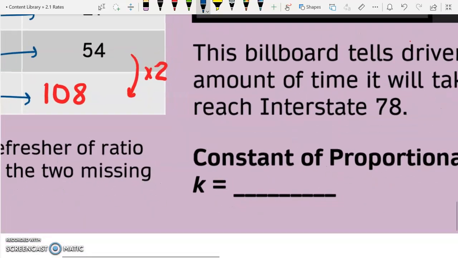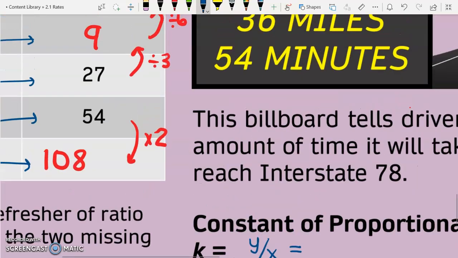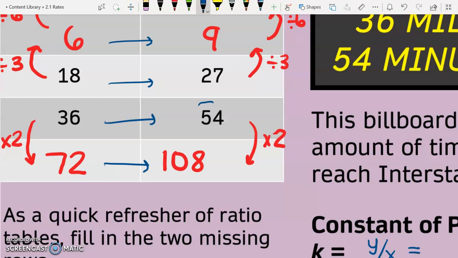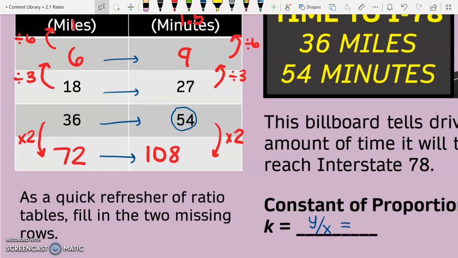Okay, we'll do it together. So this example, I'm going to do it in fraction form. So I know k is going to be equal to y divided by x. So maybe I'll pick 54 here. We'll go with bigger numbers. So I'm going to do 54 as our y value. That goes in the numerator of our fraction. And then x would have to be 36. So that goes in the denominator.